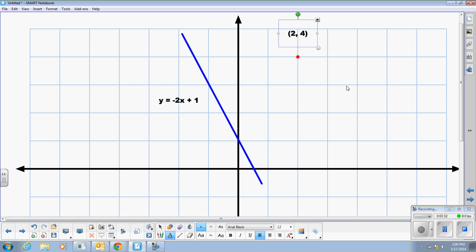Okay, going on now. What is the next thing that I want you to be able to do? Since you have drawn the line, and we've drawn our point, now we can see that on the graph.